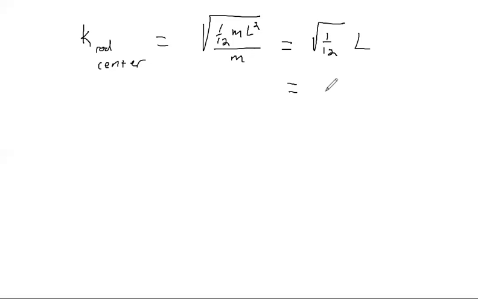Well, I know 3 squared is 9, and 4 squared is 16, so it can't be too far off to say this is about 1 over 3.5-ish times L. I'm going to use an actual calculator rather than winging it here. So I'm going to say 1 divided by the square root of 12.